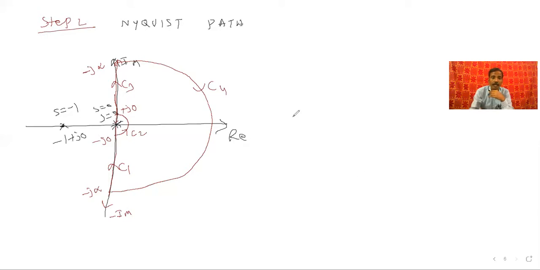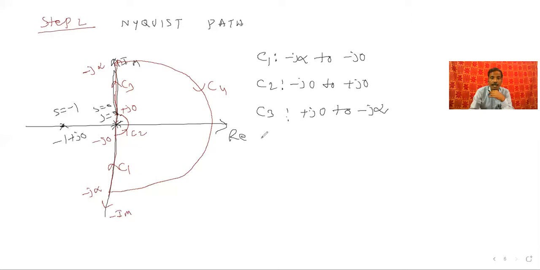Then C1 belongs to minus j infinity to minus j0. C2 belongs to minus j0 to plus j0. C3 belongs to minus to plus j0, this is the C3 path. So plus j0 to minus j infinity. C4, this is the path C4.